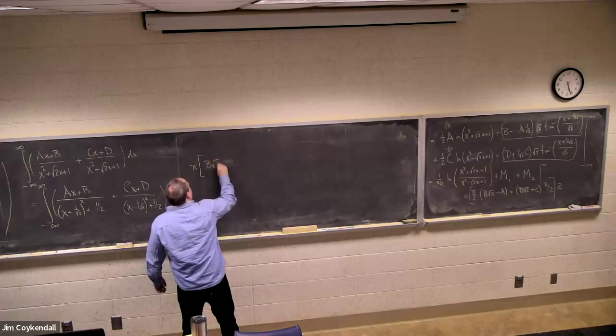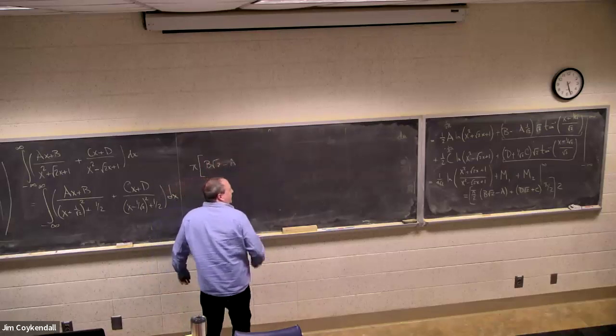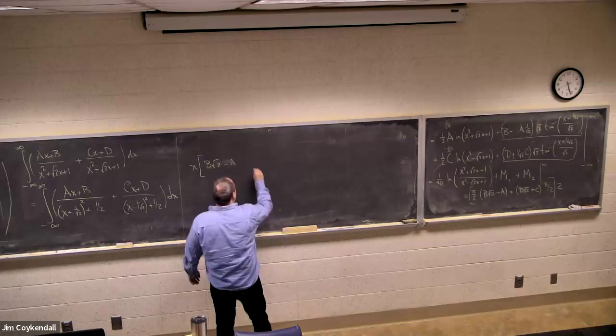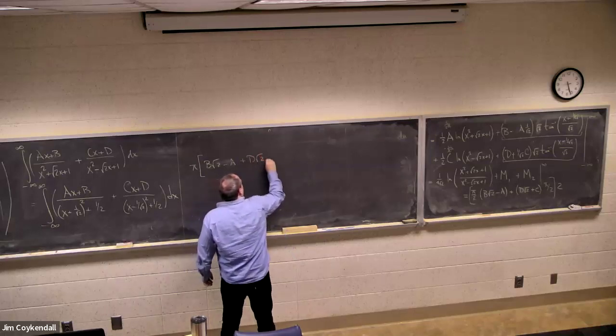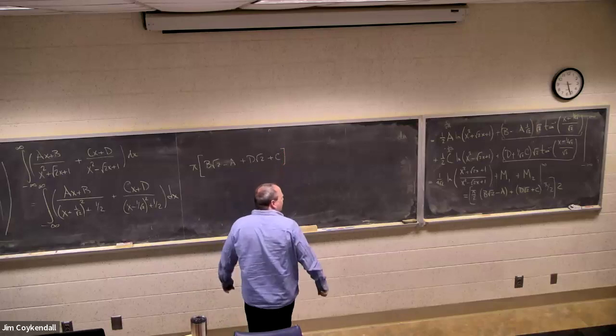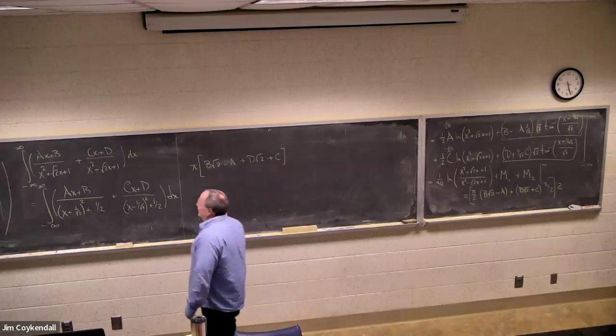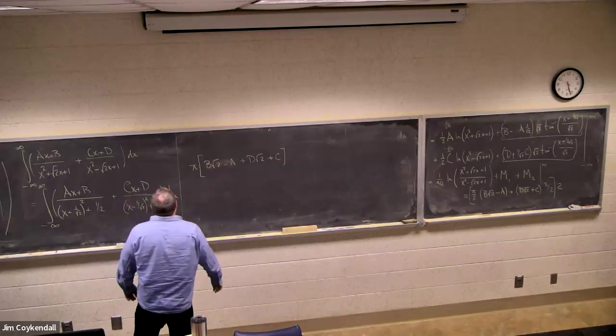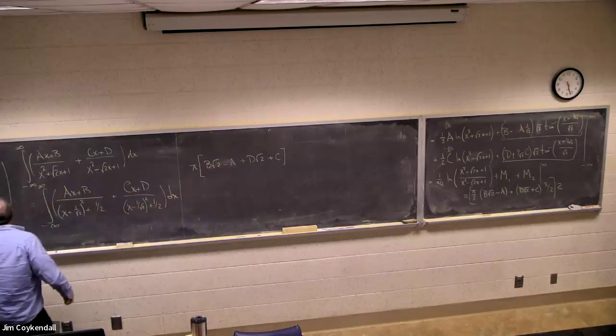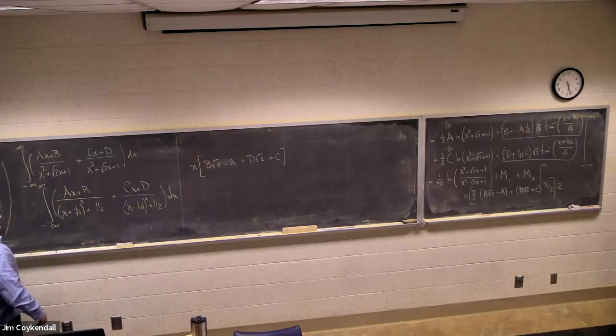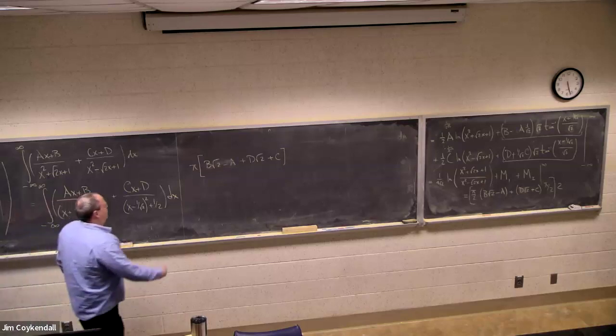B radical 2 minus a plus b radical 2 plus c. So b radical 2 plus d, b plus d, b equals d is half. So b plus d radical 2 is going to be radical 2.